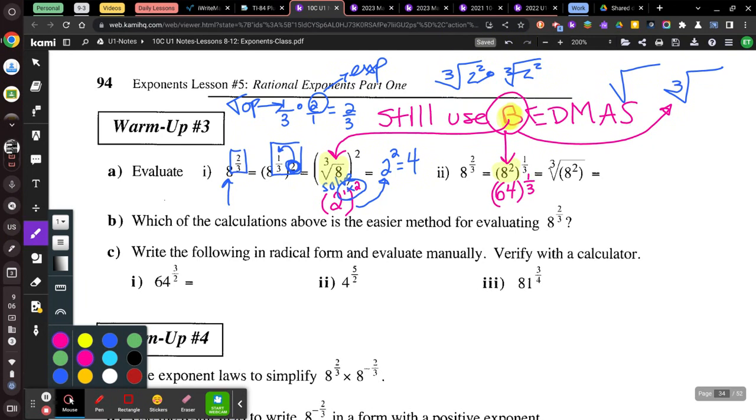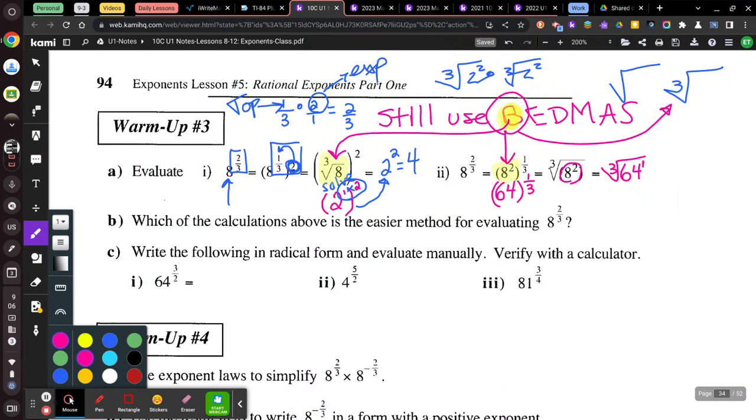So this, 8 squared, is 64. So that's the same as me saying cube root 64. I'm putting a 64 where the 8 squared was. 8 squared is 64. Now, it has a hidden 1 on it. If I put that as a fraction, that means cube root that number.